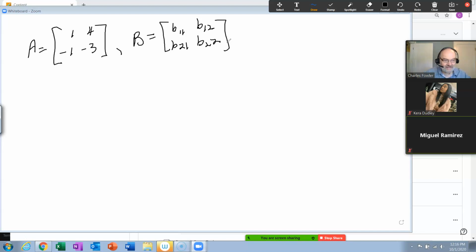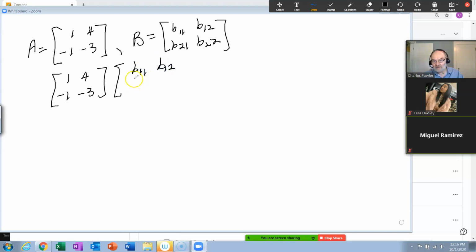And we're going to say that the product of these two matrices has to equal I. So 1, 4, negative 1, negative 3 times B11, B12, B21, B22 has got to equal the 2 by 2 identity matrix, 1, 0, 0, 1.